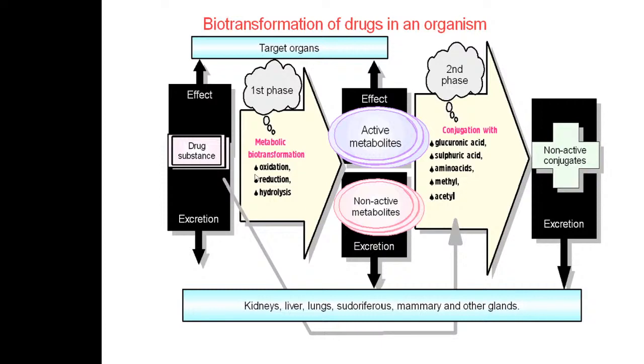Sometimes the drug is metabolized via the first phase only. Sometimes via the second: sometimes the drug is metabolized only via conjugation. And as a rule, metabolites of the drug substances are less active. Very rarely drug metabolites are more active. These drugs are toxic.